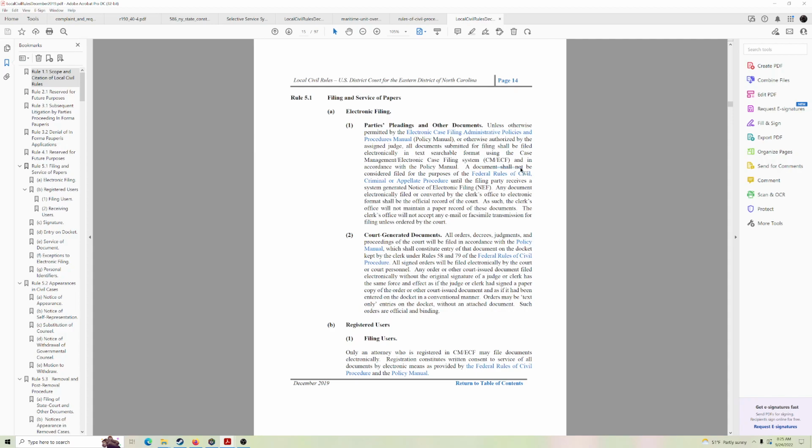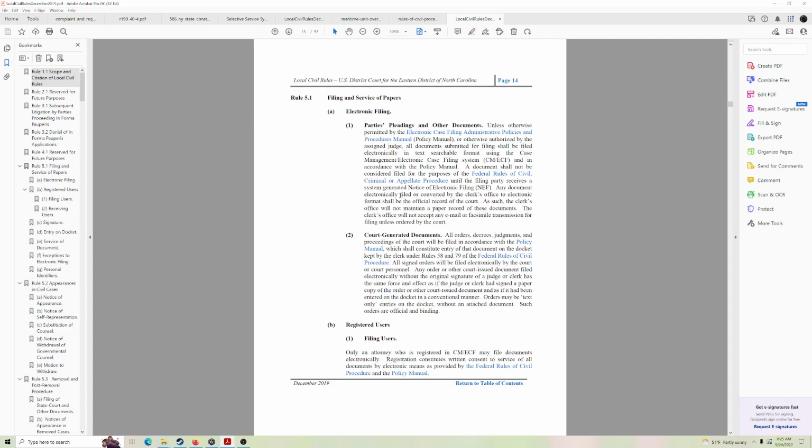A document shall not be considered filed for the purposes of the Federal Rules of Civil, Criminal, or Appellate Procedure until the filing party receives a system generated Notice of Electronic Filing, NEF.